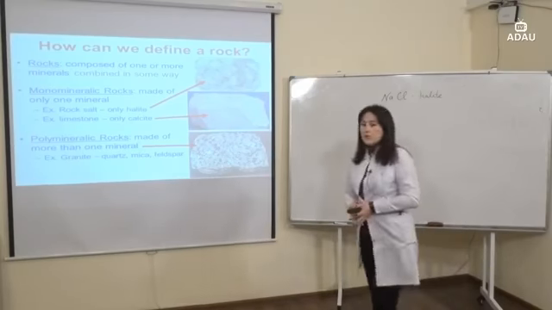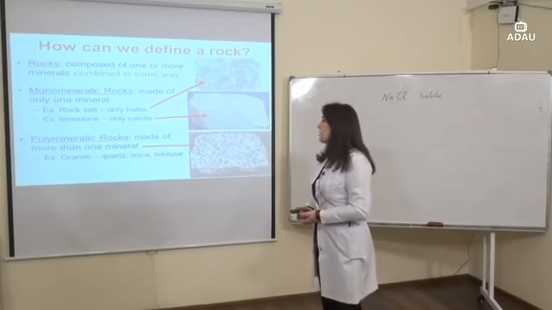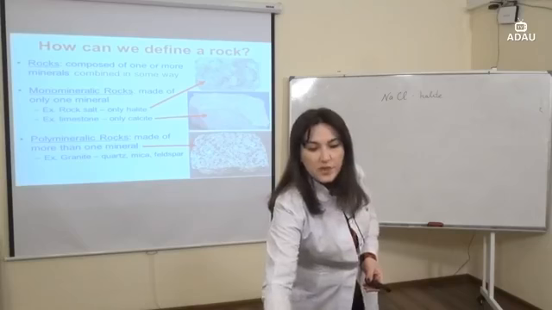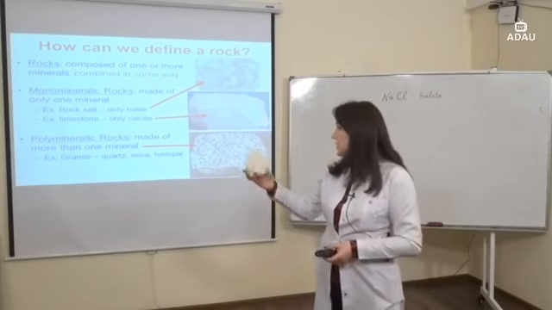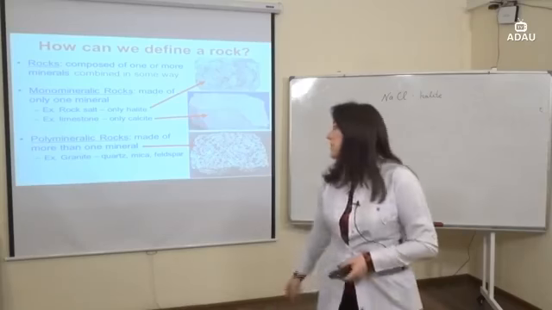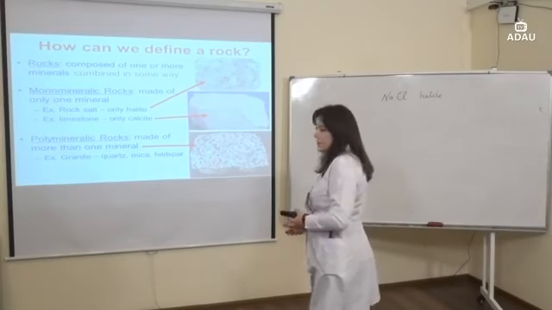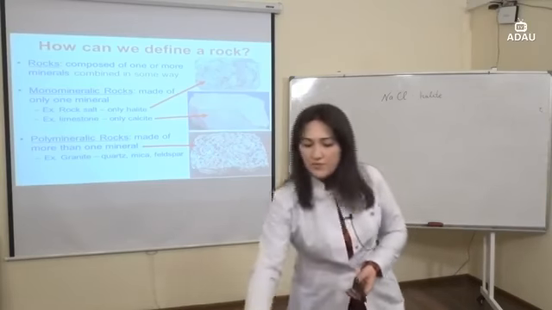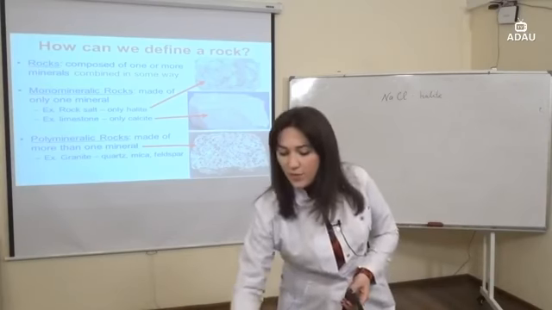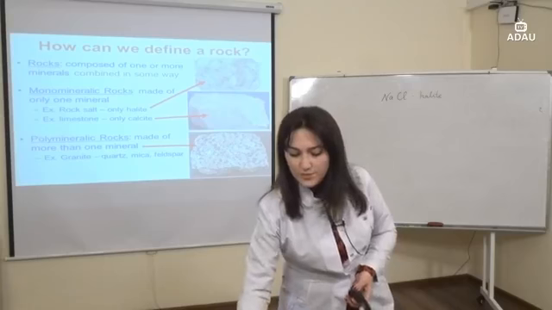Limestone is also a monomineralic rock consisting of just one mineral. Sandstone consists only of quartz mineral. This is monomineralic, and this is polymineralic. It is granite, a polymineralic rock.